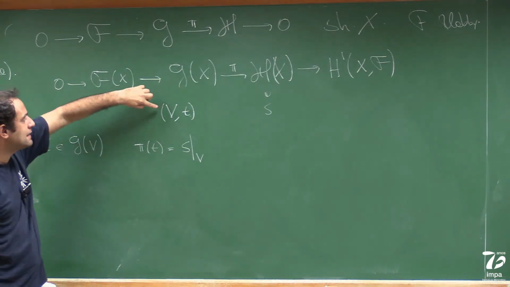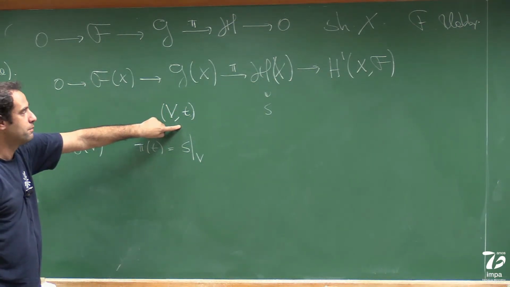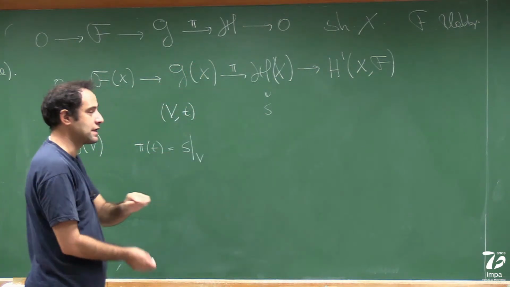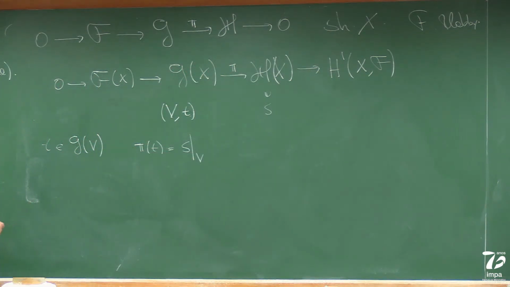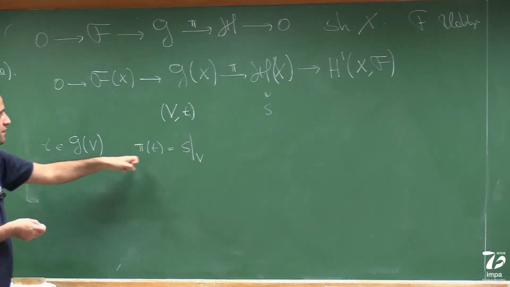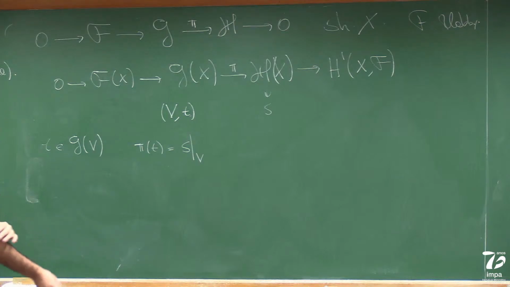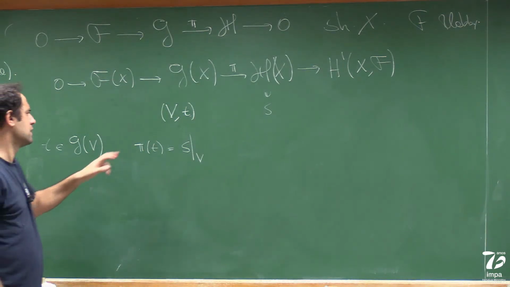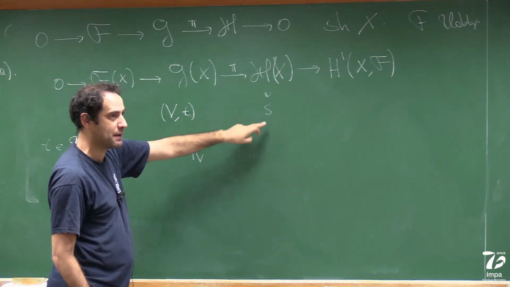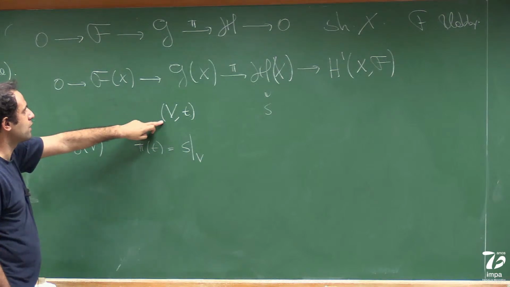And we know there is at least one such pair because this map π is surjective. So there's a non-empty V where this happens. Well, it's not necessarily a non-zero T because S might be 0.